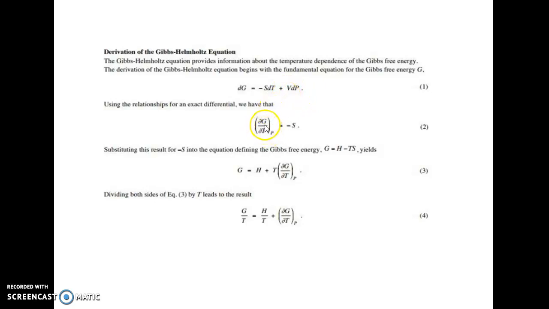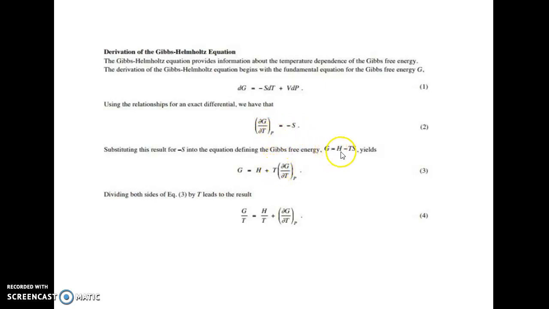So dG, the change in free energy with change in temperature at constant pressure, will be equal to minus S. Substituting this result into the equation defining the Gibbs free energy, that is G is equal to H minus TS, yields G is equal to H plus T, so here minus, minus S is equal to (dG/dT) at P.